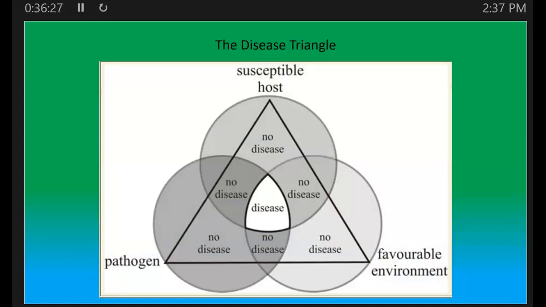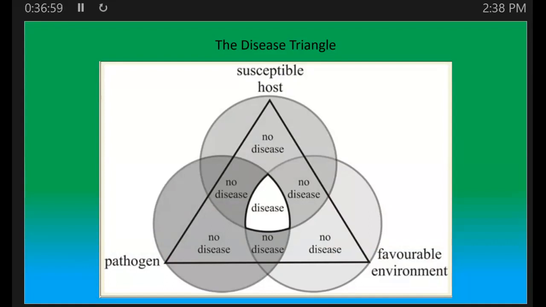So that gets to this idea. You see this in any plant pathology class, where they talk about the disease triangle, and this idea that you need three things to be met. You need the host to be susceptible. You have to have a pathogen present, of course. And then you have to have a favorable environment that will allow the disease to actually bloom and take root, so to speak.